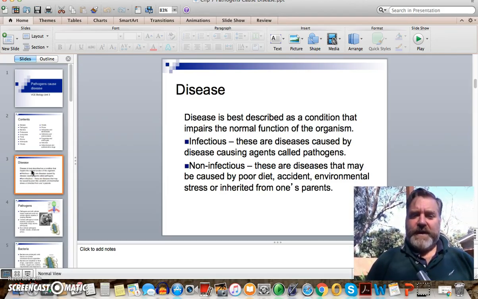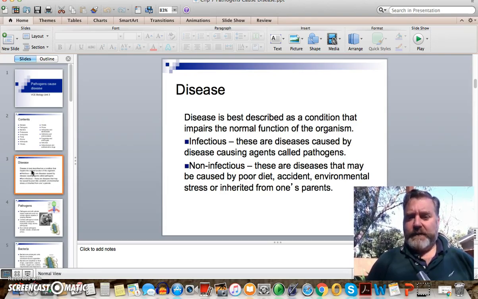We started by looking at what homeostasis was, that idea of maintaining a relatively constant internal environment. And dis-ease is when that relatively stable environment becomes unstable, or conditions change that we have to respond to. These often are caused by infectious diseases, which are caused by pathogens, or through non-infectious means.